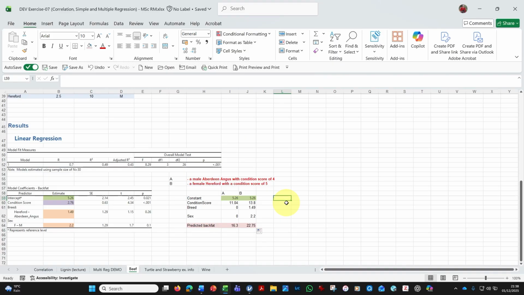The equation is y, or let's say back fat, let's write it out in full, back fat equals, and here, the constant 5.26 plus the condition score with an estimate of 2.76, so it's 2.76 times the condition score.